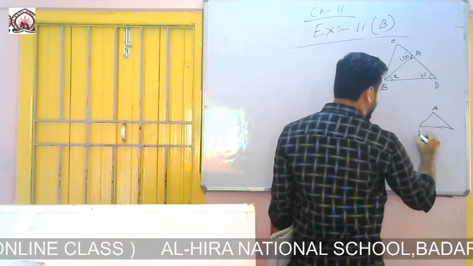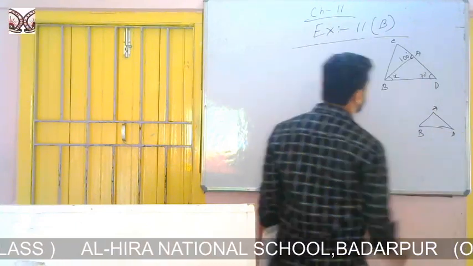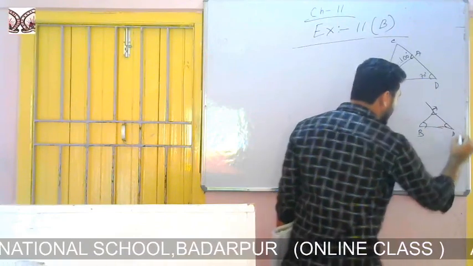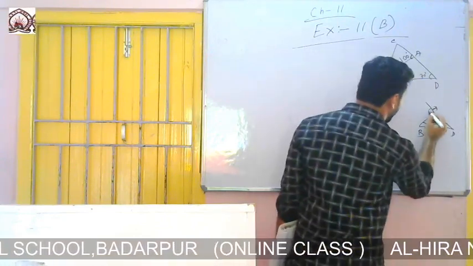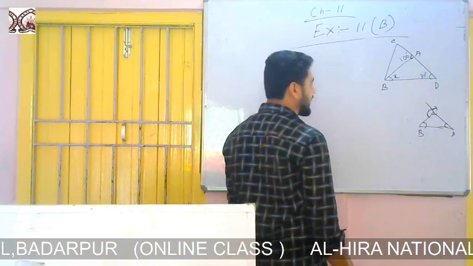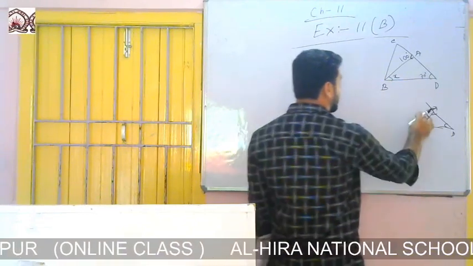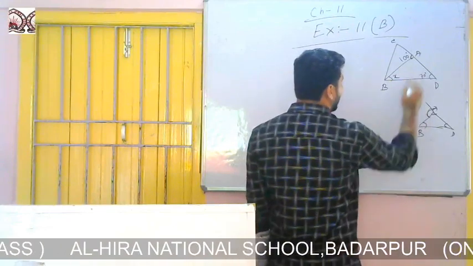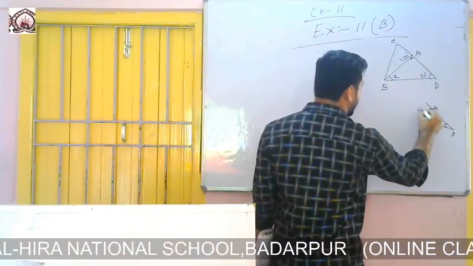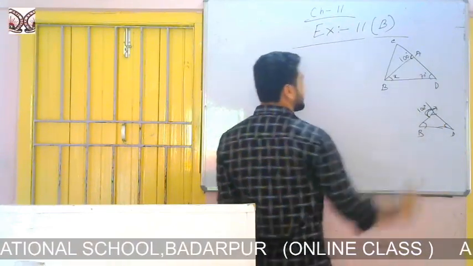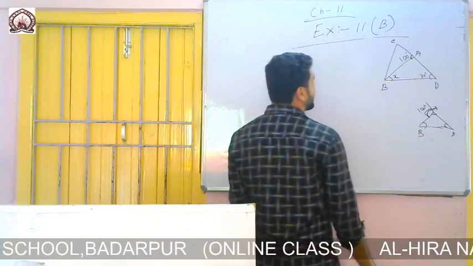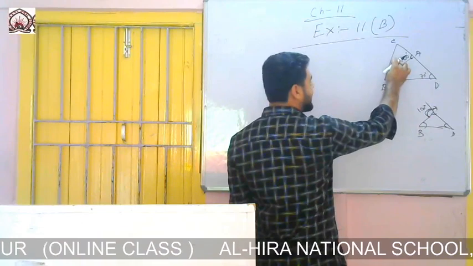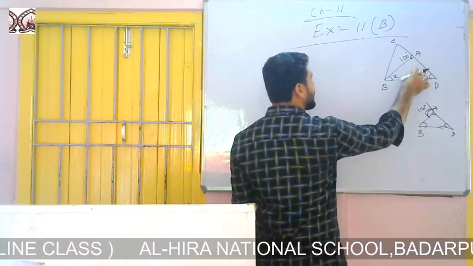This is ABD. So if these are the interior angles, then obviously this angle will be what? Exterior angle. Okay, and we know that the exterior angle equals the sum of the two interior opposite angles.